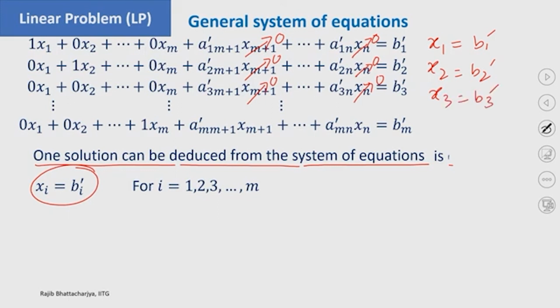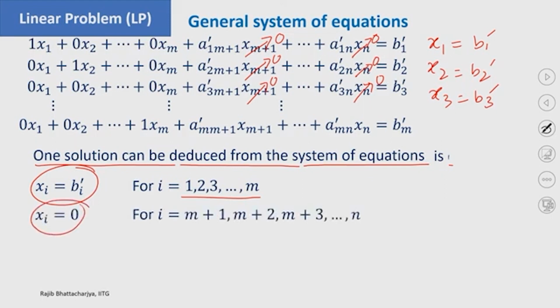Okay. So one solution is x i equal to b i for i equal to 1 to m, and x i equal to 0 for i equal to m plus 1 up to n. That means for the basic variables I am taking x i equal to b i, and for the non-basic variables x i equal to 0.